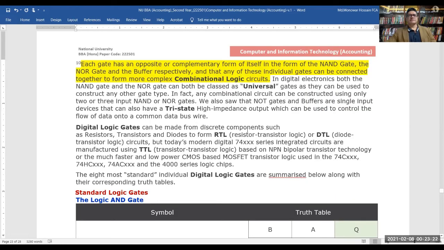Each gate has an opposite or complementary form, in the form of the NAND gate, the NOR gate, and the buffer respectively, and any of these individual gates can be connected together to form more complex combinational logic circuits.